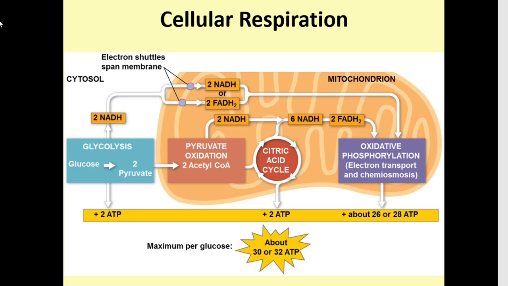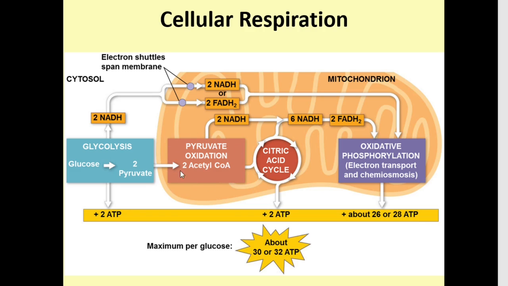Anyway, that's glycolysis. We're working on the assumption, though, that we do have oxygen present, so our pyruvates aren't going to get converted into lactic acid or ethyl alcohol. Instead, they're going to move into the mitochondria, into the matrix. And what happens then is we go through the link reaction.